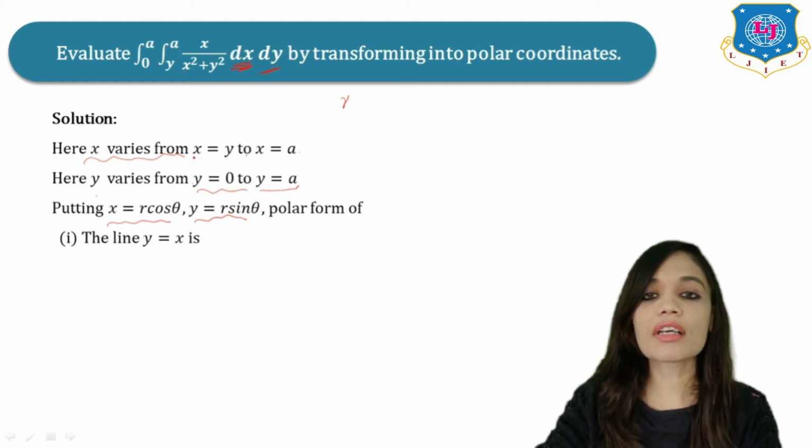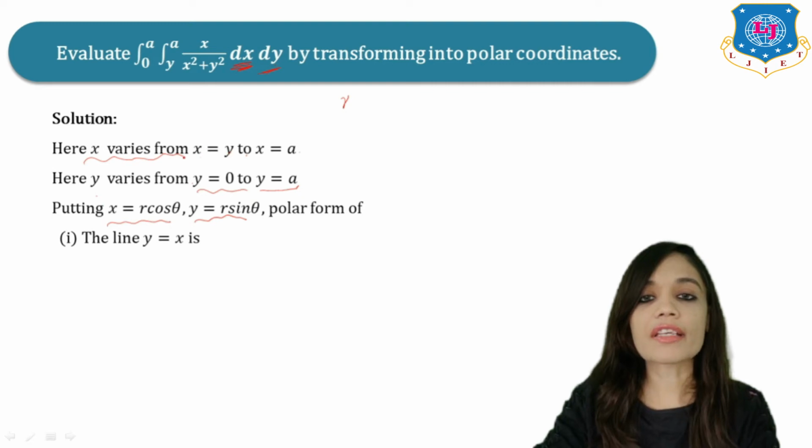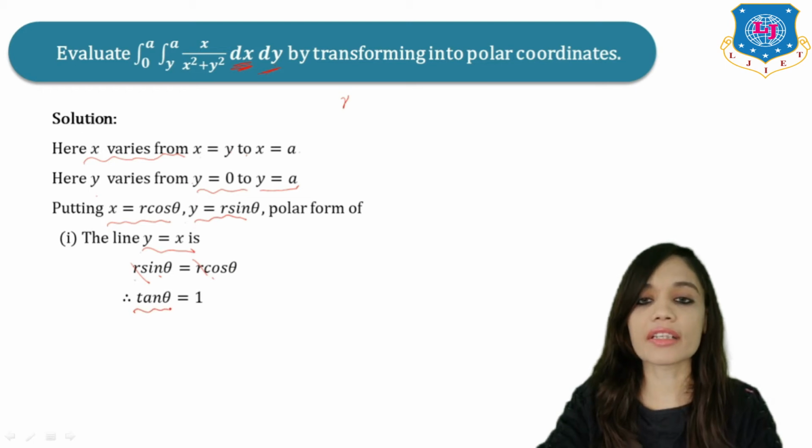Now we'll consider the given line as y equals x. Now let us put these assumptions. Therefore y equals r sin theta, and x is r cos theta. So from this what will you get? r will get cancelled. Sin theta upon cos theta will be tan theta. So tan theta equals 1.